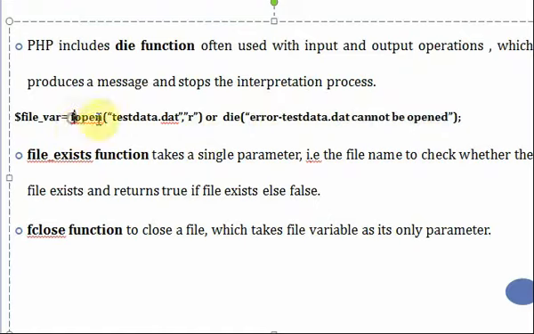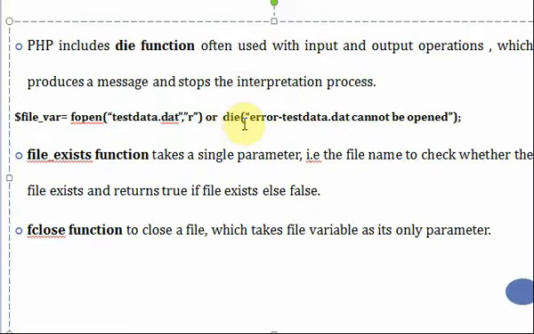First of all you have the fopen, you write till here, then or die, followed by the message you want to display within double quotes. In this case, error: testdata.dat cannot be opened. That is the purpose of the die function. In case you're trying to read a file and that file is not present, if you're using the die function you can display a message.